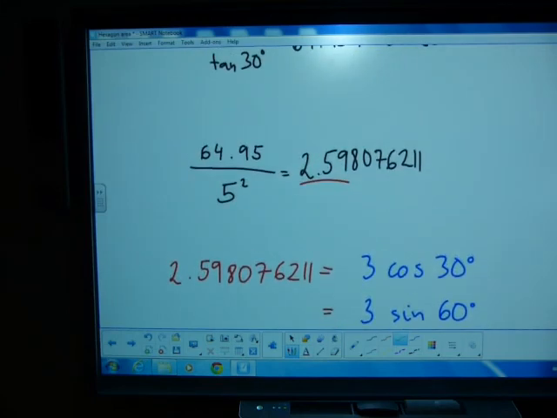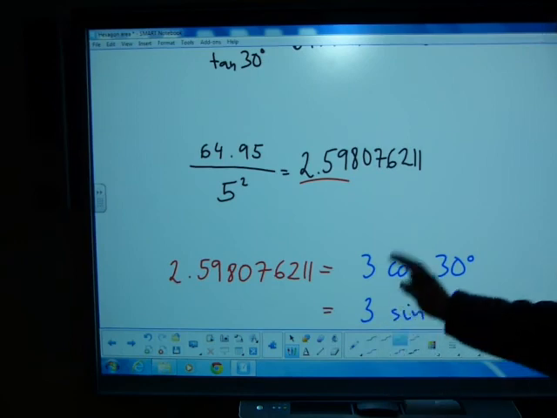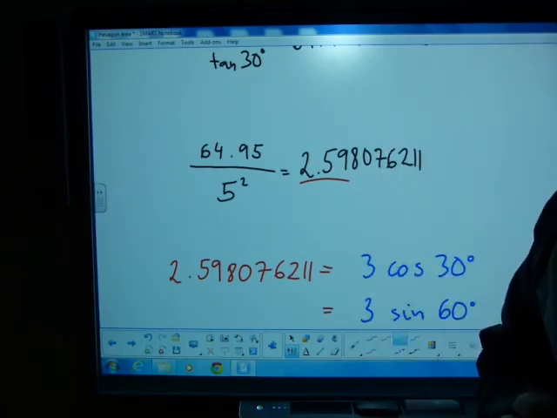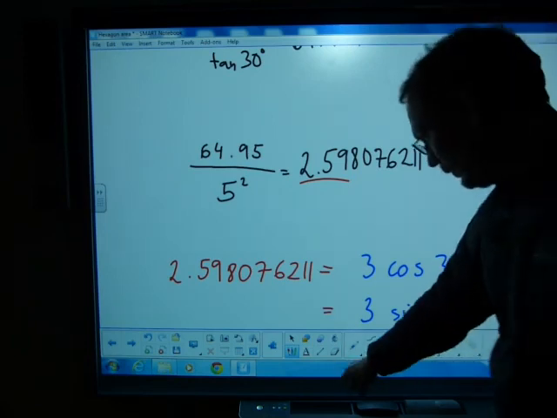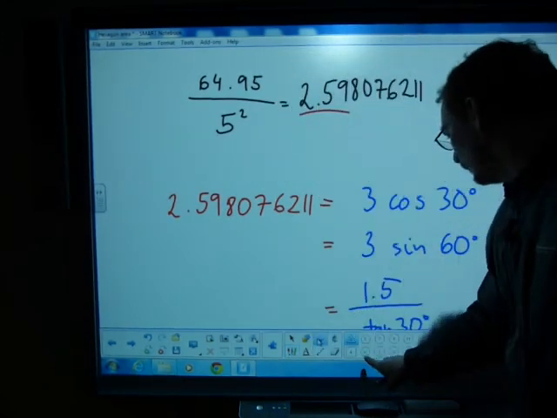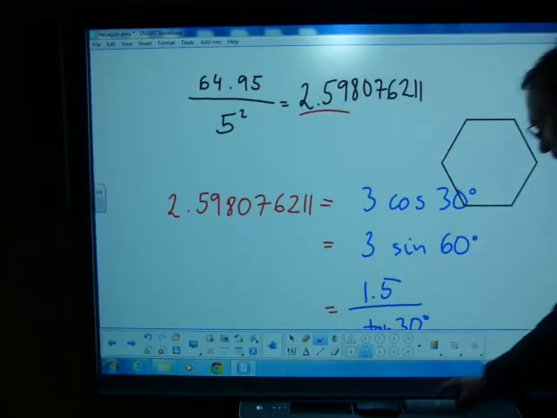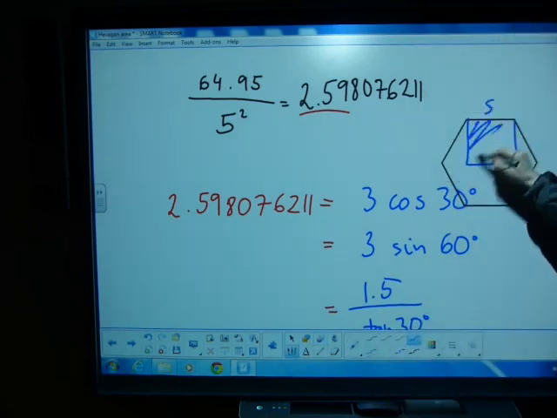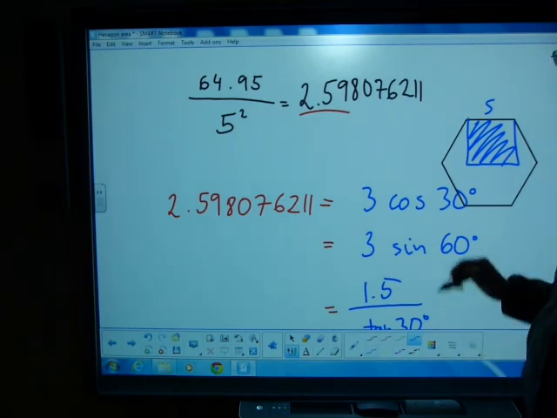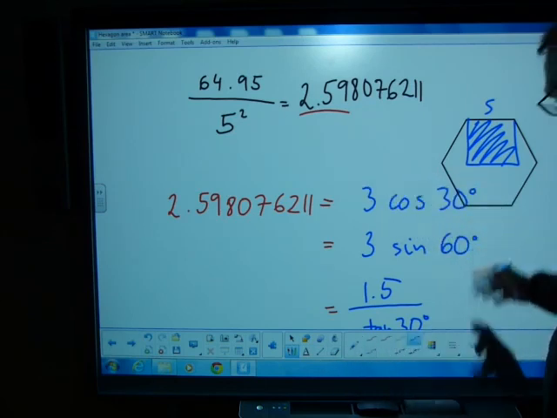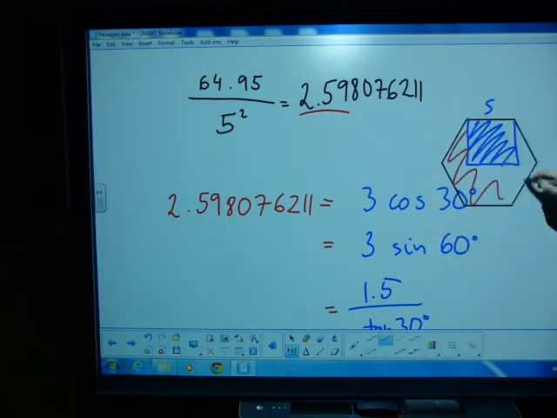Again, one last time, I'm not insulting your intelligence. 2.59 means that in any hexagon, let me just draw you a hexagon here, in any hexagon, the square of the side length is 2.59 times smaller than the full area of the whole hexagon, or the other way around.